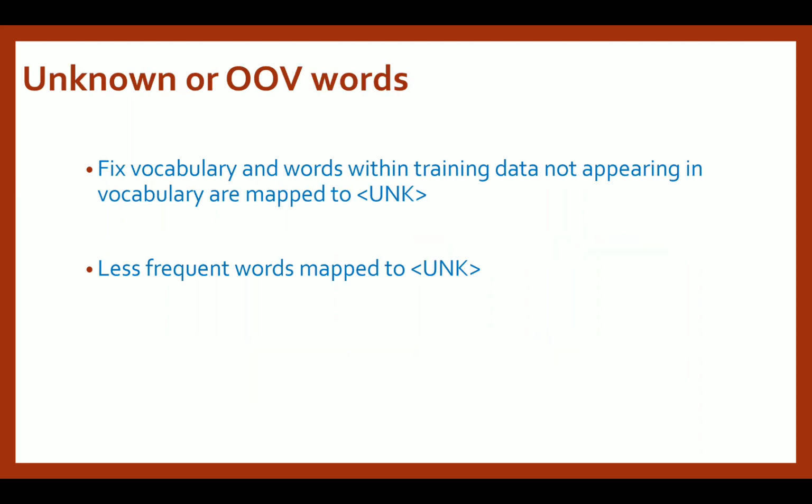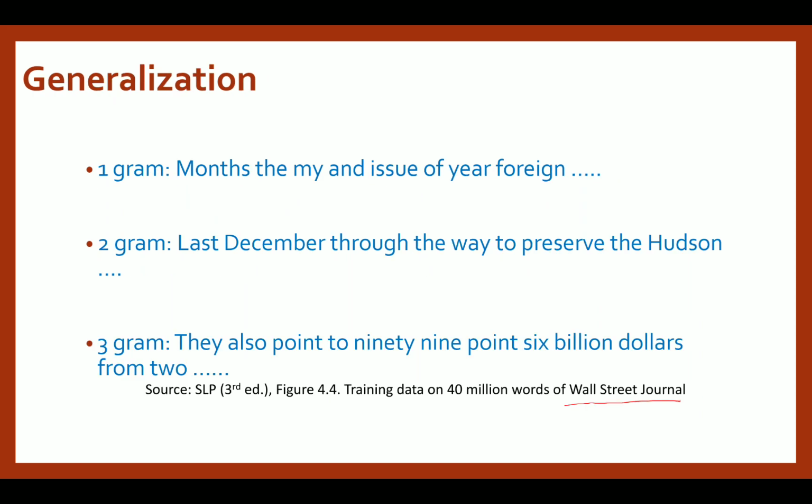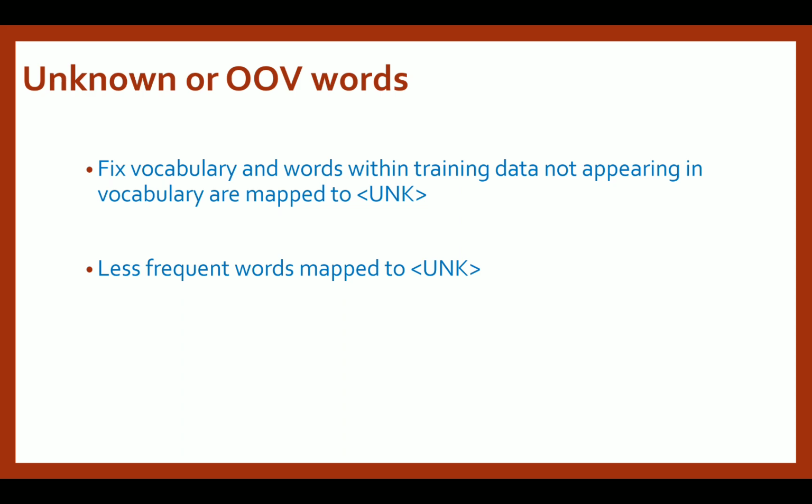One thing we have to be careful about is that even when we are estimating these probabilities, some of the counts can still be zero. We will discuss in the next lecture what kind of issues the n-gram models still have. But one of the easy ones to handle is unknown or out-of-vocabulary words.